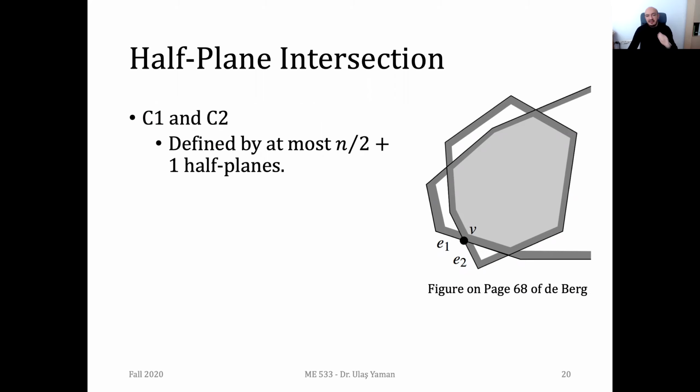And these C1 and C2 can have at most n/2 plus 1 half planes. Why is that? And their number of edges can be at most, again, the same value, n/2 plus 1. Why do you think that is? Why do we have such a limitation?